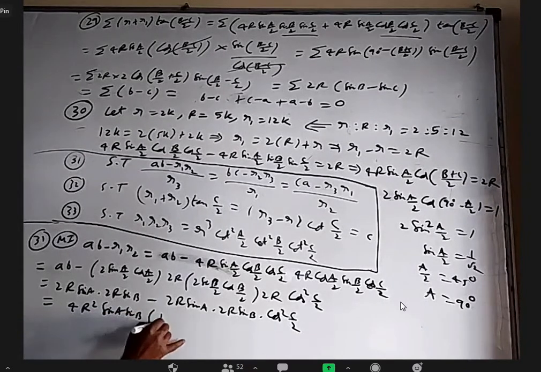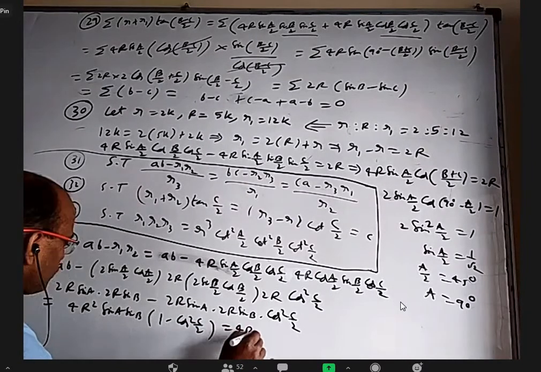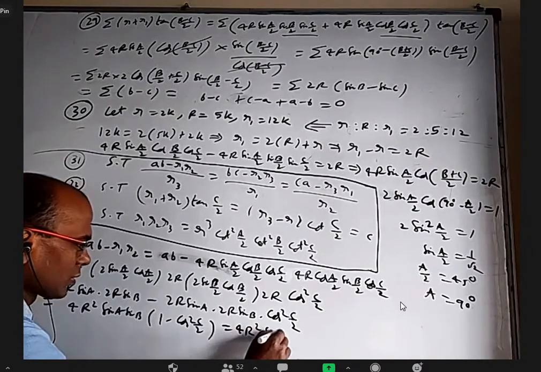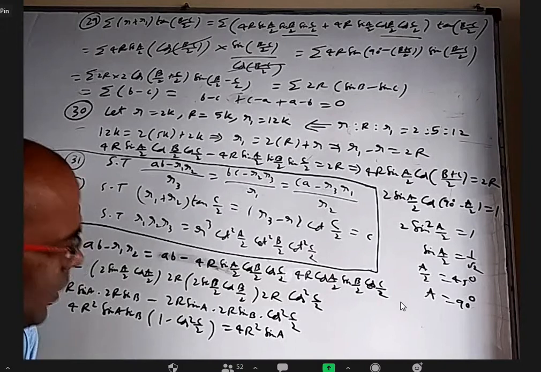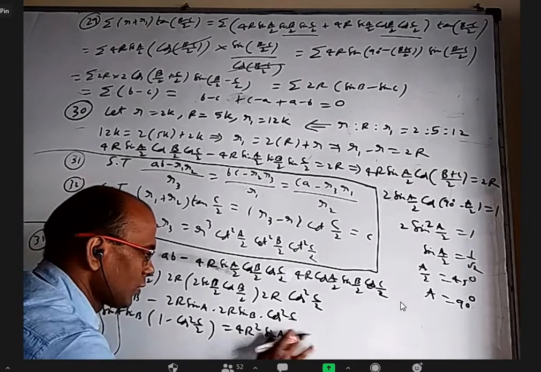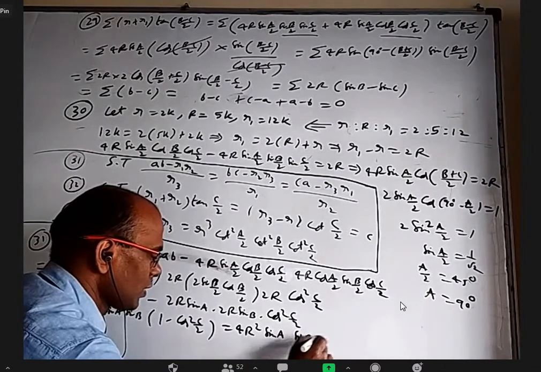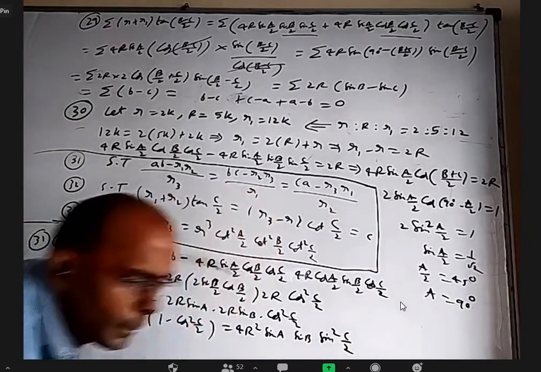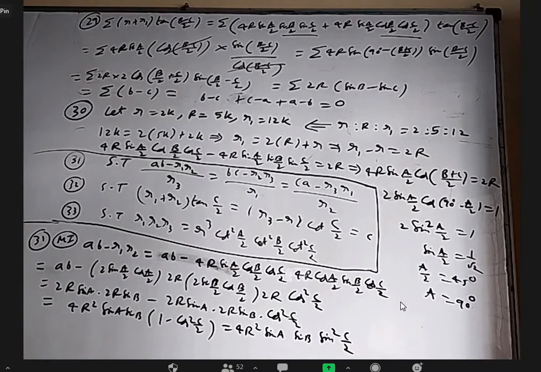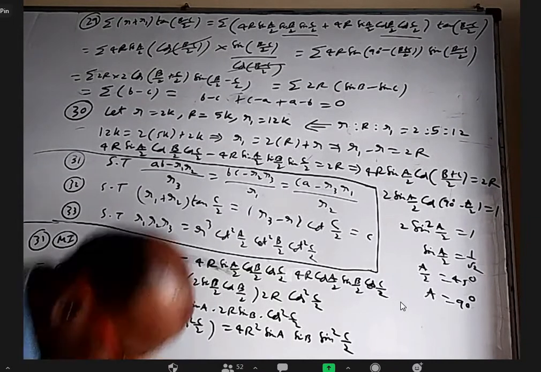I'll get 1 minus cos square C by 2, which is sine square C by 2. So 4 capital R square sine A, sine B, sine square C by 2. Now I have to take AB minus R1 R2 by R3 and see what happens.